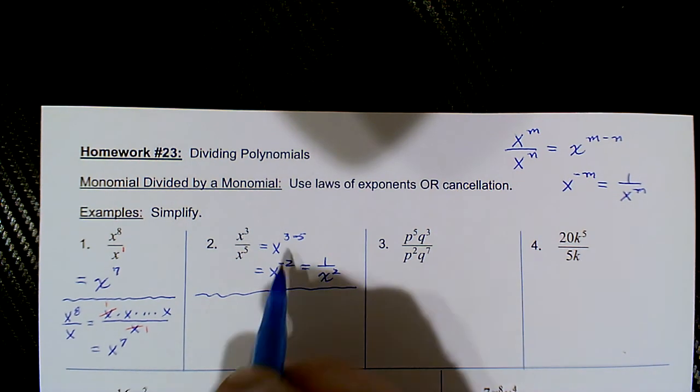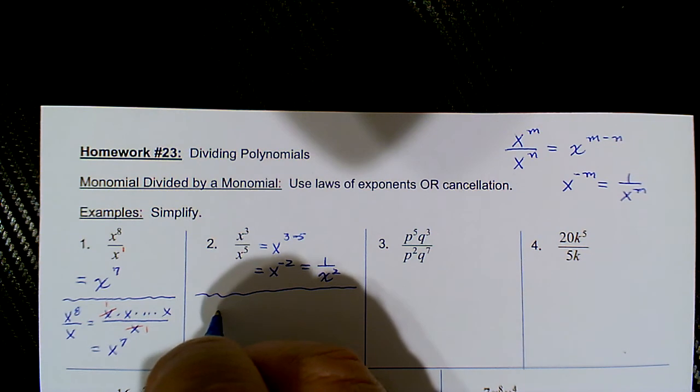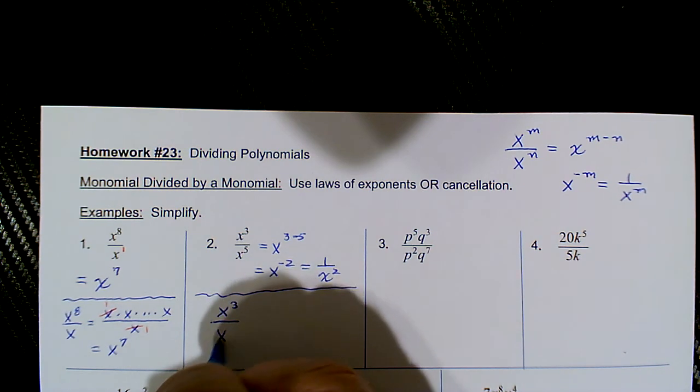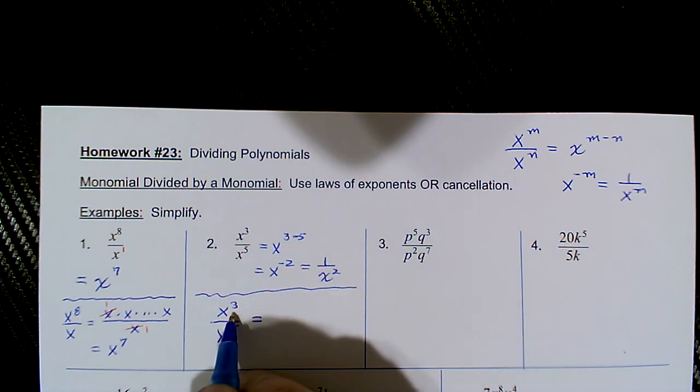You don't have to show the expansion of x cubed over x to the 5th. All you have to do is think about the fact that x cubed really means x times x times x, 3 factors of x. X to the 5th means 5 factors of x, x times x times x times x times x.